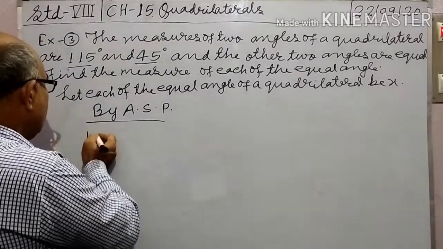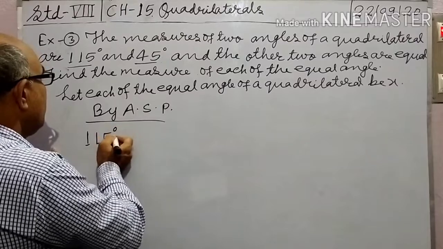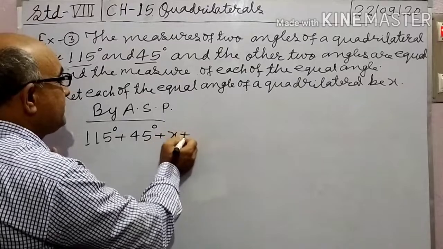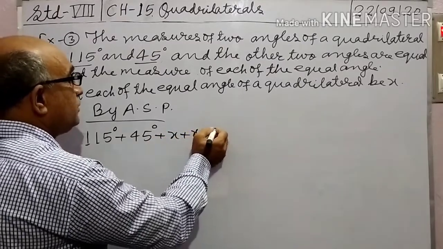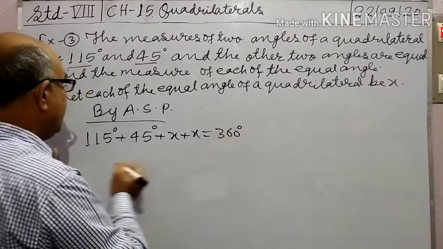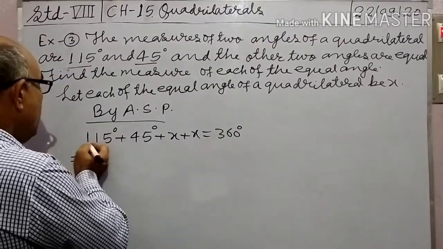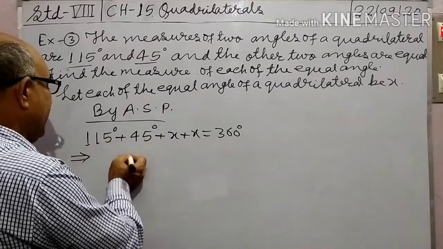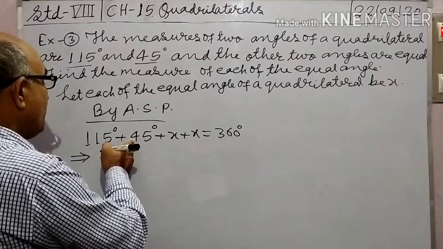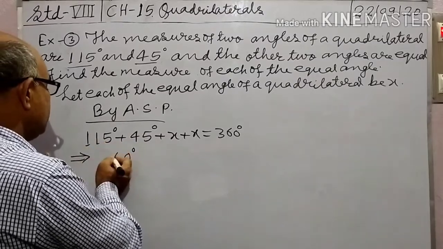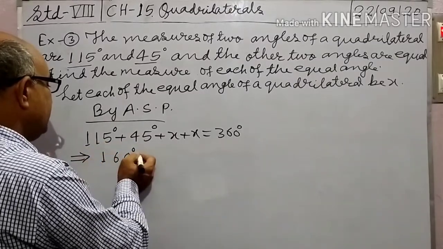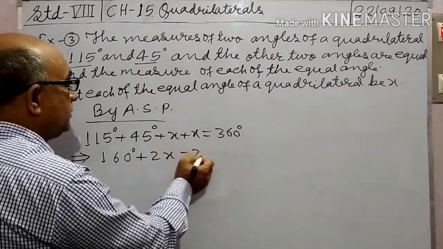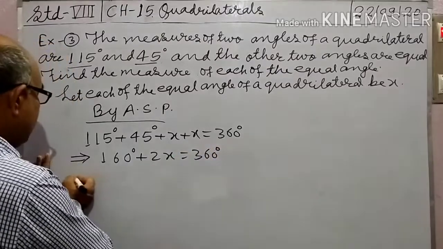So 115 degrees plus 45 degrees plus x plus x equals 360 degrees. That implies 115 degrees plus 45 degrees: 5 plus 5 is 10, 0 carry 1, 4 plus 1 is 5, 5 plus 1 is 6, so 160 degrees. Plus 2x equals 360 degrees.